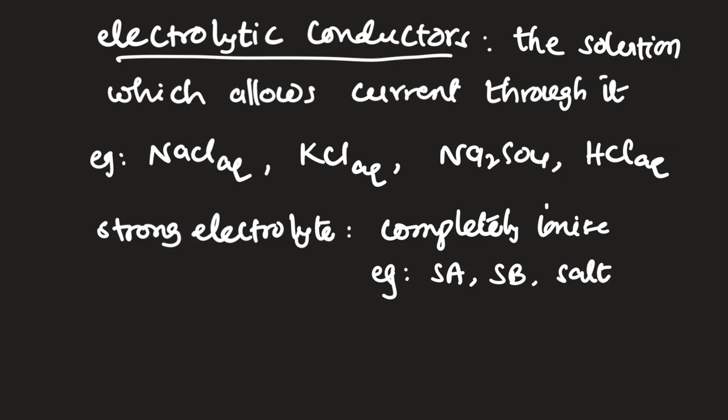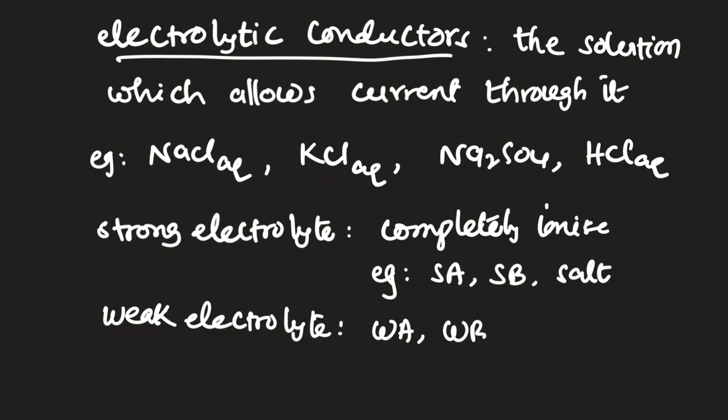Sparingly soluble salts are not strong electrolytes. Then now weak electrolyte. Weak electrolyte example: weak acids, weak bases, and sparingly soluble salts. These are the examples for electrolytic conductors.